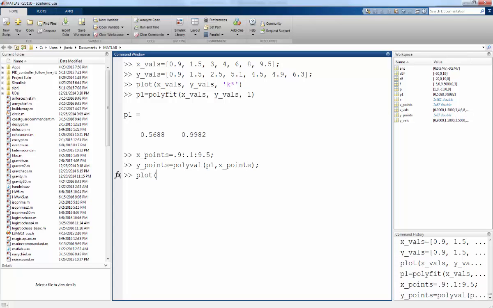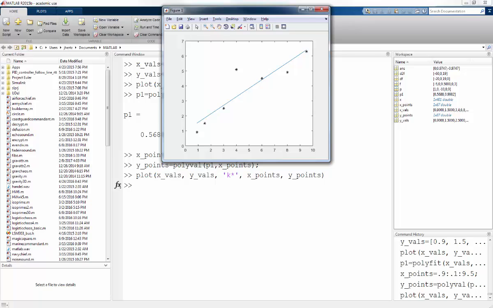And now let's plot the x values versus the y values as black stars, and then our best fit line. And there we have in blue our best fit line, and in black our data points.